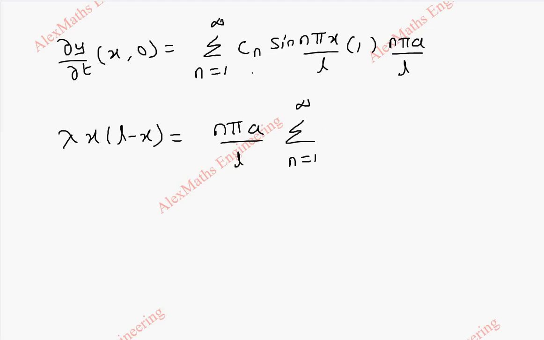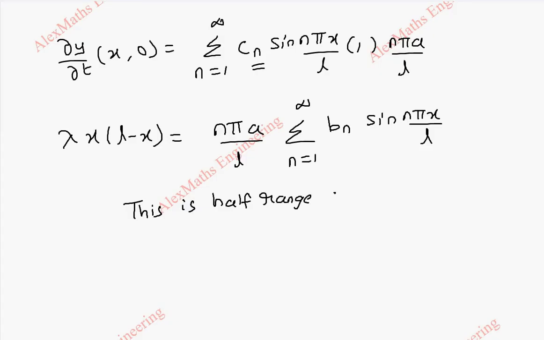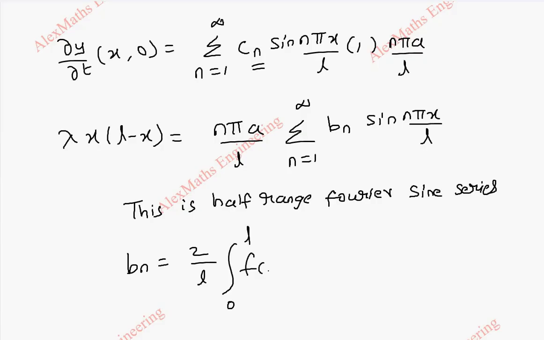And here we have cn, and the cn is actually, we can take it as bn into sin n pi x by l, and this is the half range Fourier sine series. So we can find Bn using the formula 2 by L integral 0 to L f of x into sin n pi x by L dx.